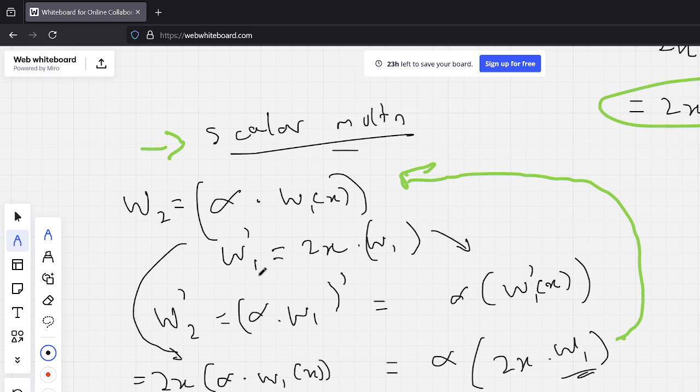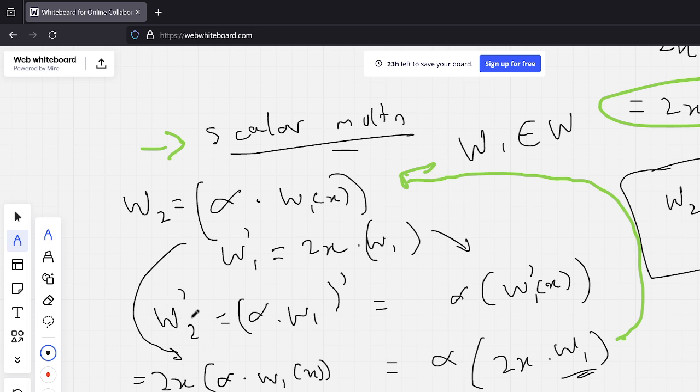Not really, but this is a constant alpha, and we're multiplying it with a function, and we know that this function follows W, so we know that W1 belongs to W, and we want to find out if W2 belongs to W, right? So this is an entire test. This is another check proving that.